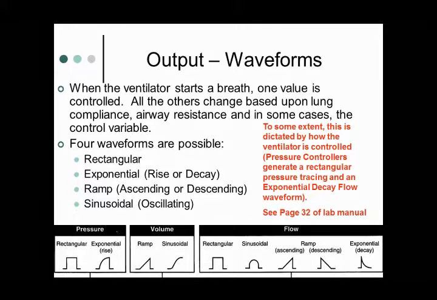Page 140. Actually, 141 is what I was really wanting to look at. You can see there are 5 different breath types. And just by looking at the first one, I can say what type of breath that is.